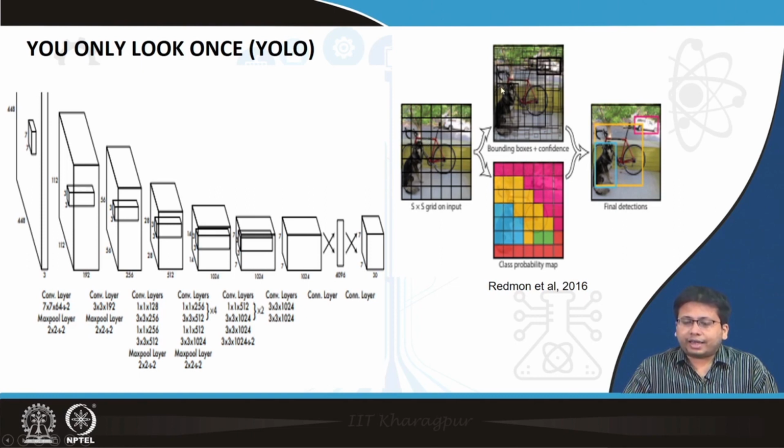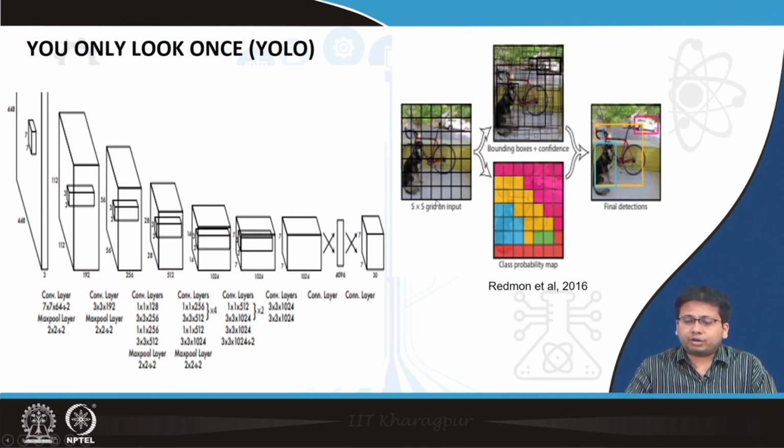That is to say, in each of the grids into which the image has been divided, the classifier will try to predict the class probability, whether this region belongs to the target class or not. So we will get something like a class probability map. As I mentioned, there is a hierarchy of these regionalizations.